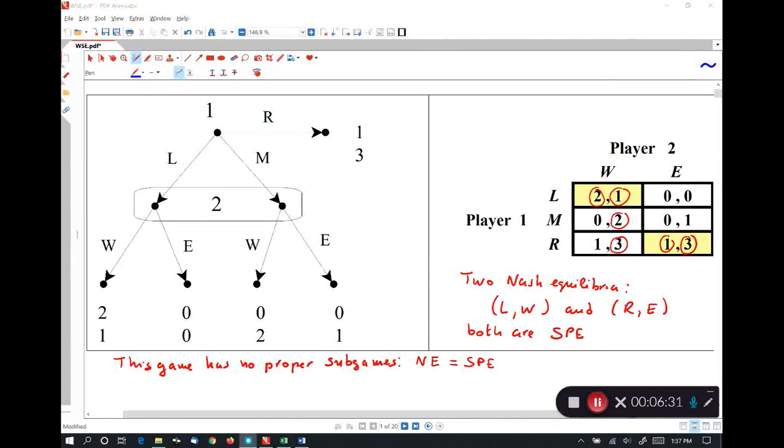Now I want to argue that one of these 2 Nash equilibria, RE, is a bad Nash equilibrium and should be rejected.